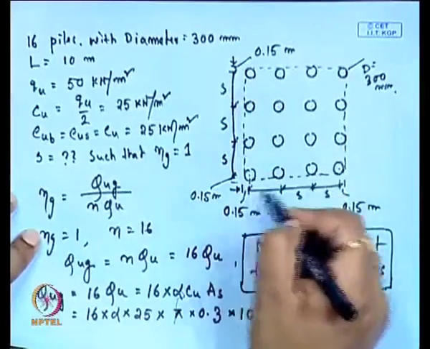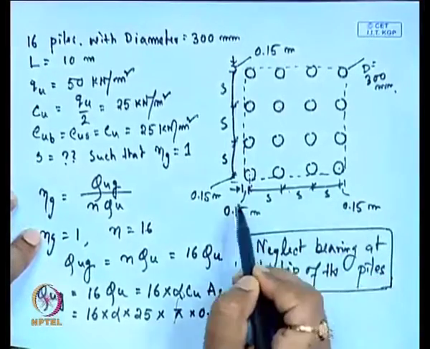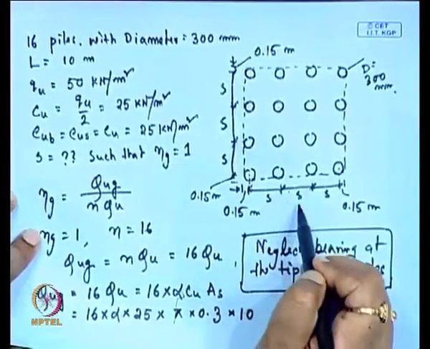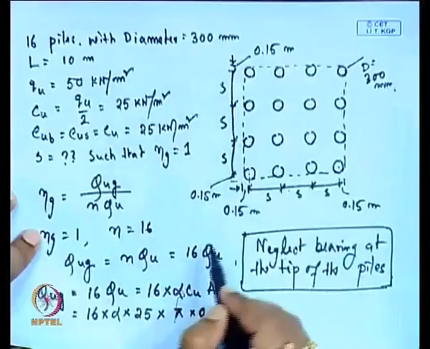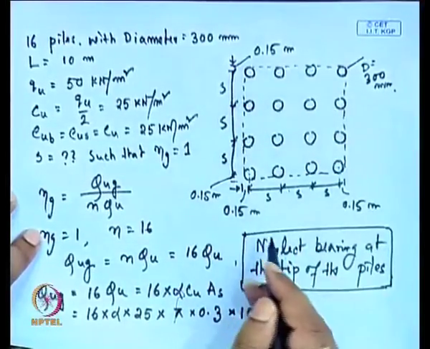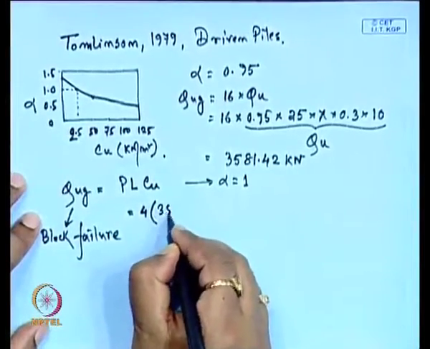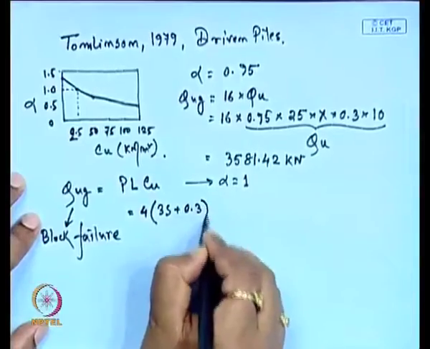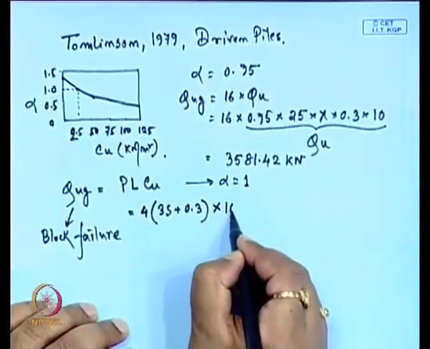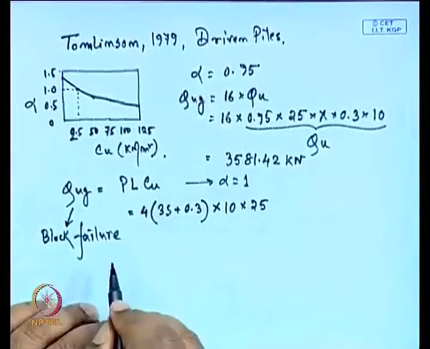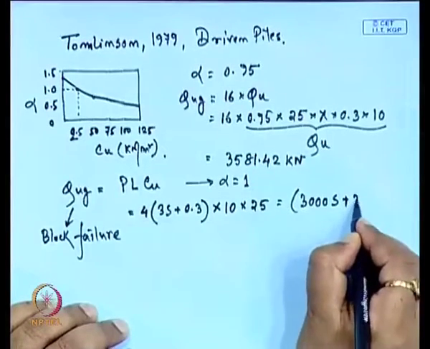The side is 3S plus 0.15 plus 0.15, so 3S plus 0.3 is one side, and another side is also 3S plus 0.3, because it is a square type of arrangement. So, the perimeter is 3S plus 0.3, into 4 sides, into L into 25. So, this is 3000S plus 300.